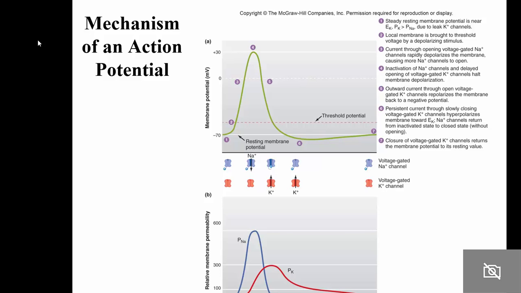So Michael's question is, can you make the cell more positive than positive 30? You can, but you really don't need to, because this is an overshoot. There's really no function to this overshoot. It just happens. But you don't need to activate the cell.